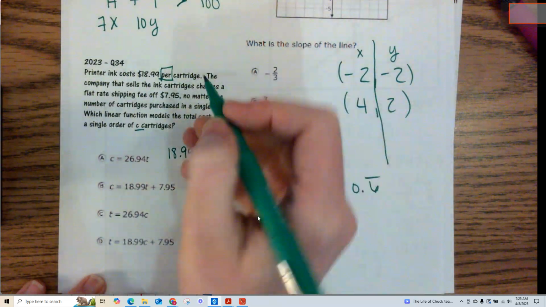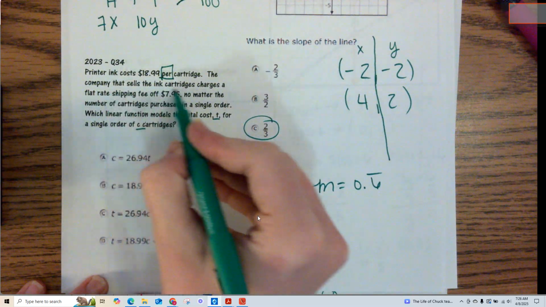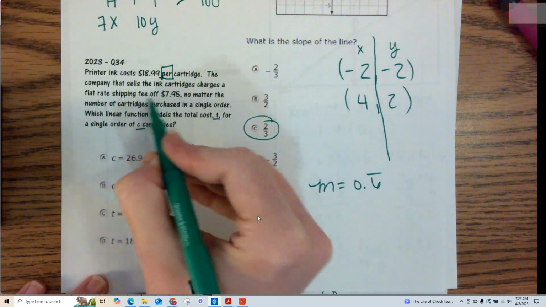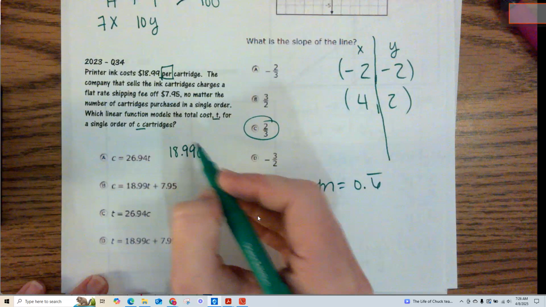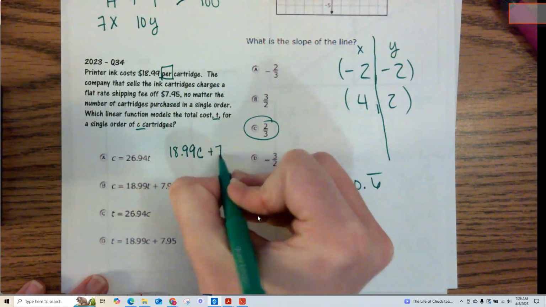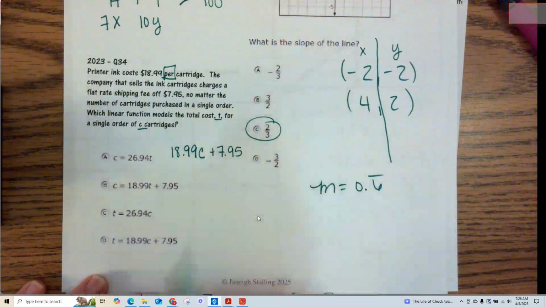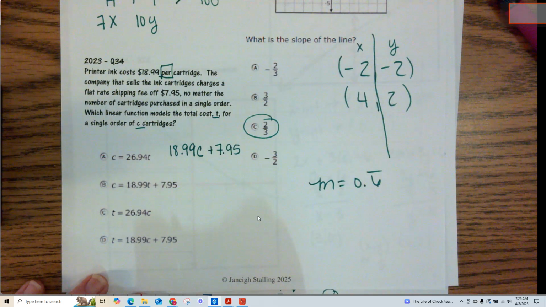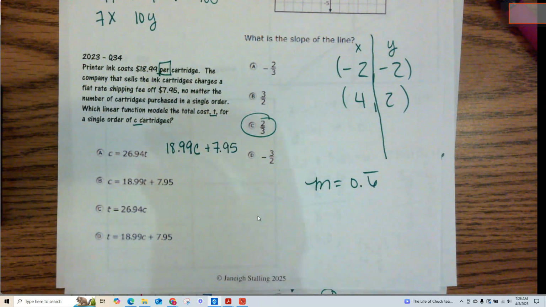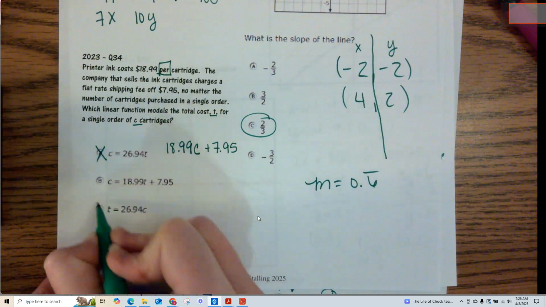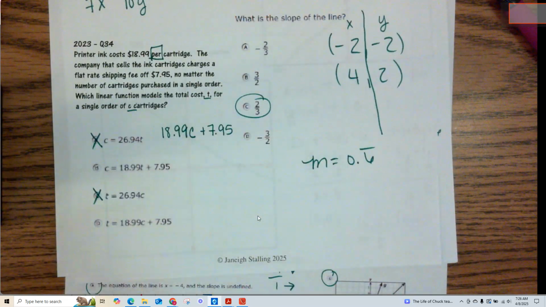Okay, but I'm not done yet. The company that sells the ink charges a flat rate shipping of $7.95. So no matter what, you got to add another $7.95 to the end of this. Okay, the key to this one is getting the pieces in the right places, the T and the C. So from here, A and C can be eliminated.